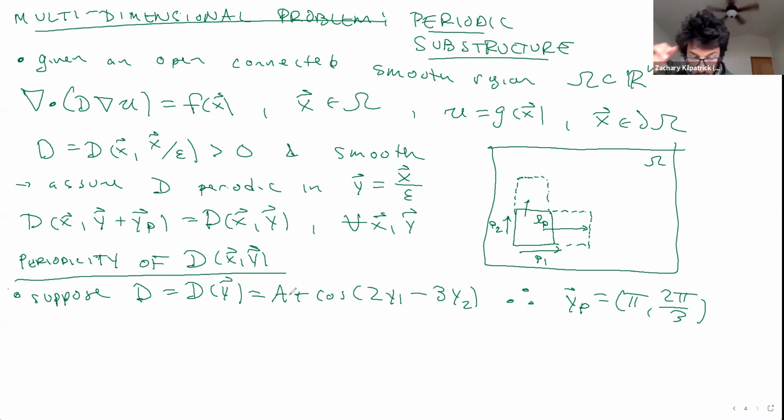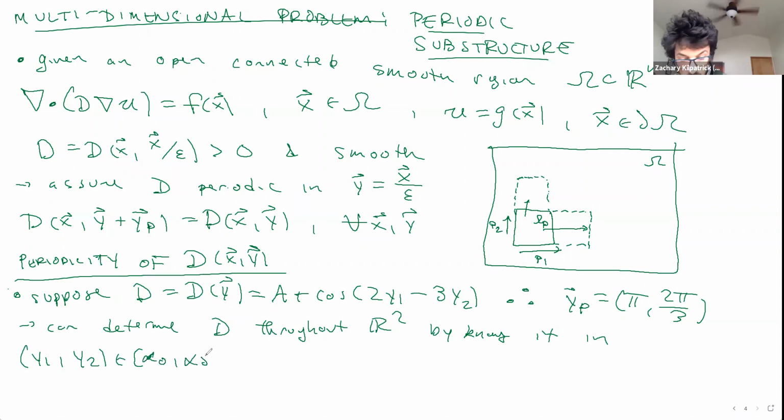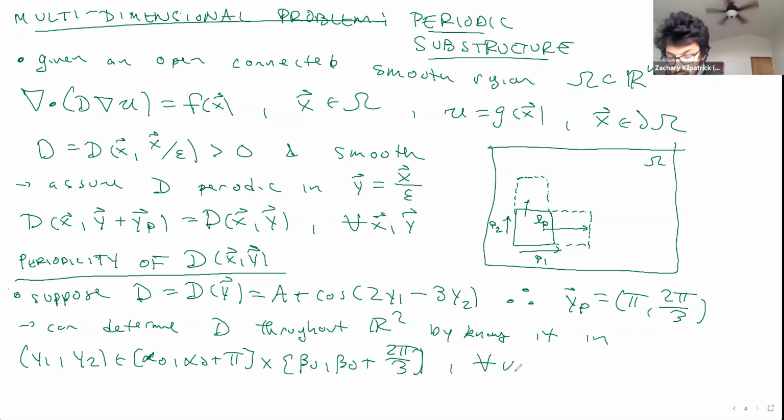So then we can determine D throughout R2 by knowing it in just this region, (y1, y2) lives in (alpha 0, alpha 0 plus pi) crossed with (beta 0, beta 0 plus 2 pi over 3), basically for any alpha 0, beta 0 that are real numbers.